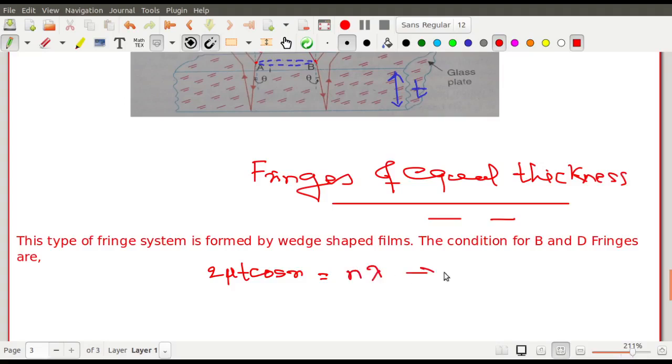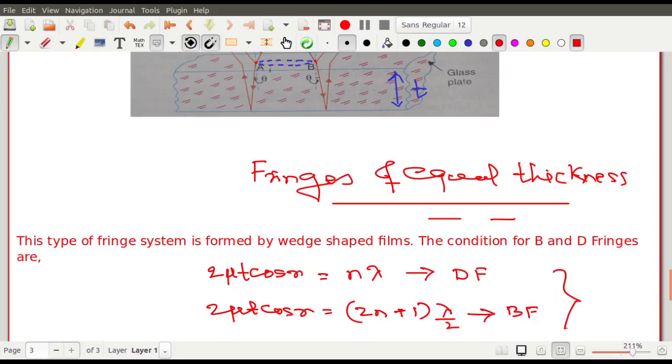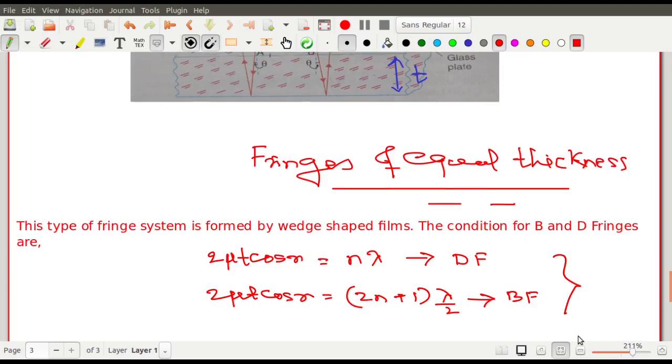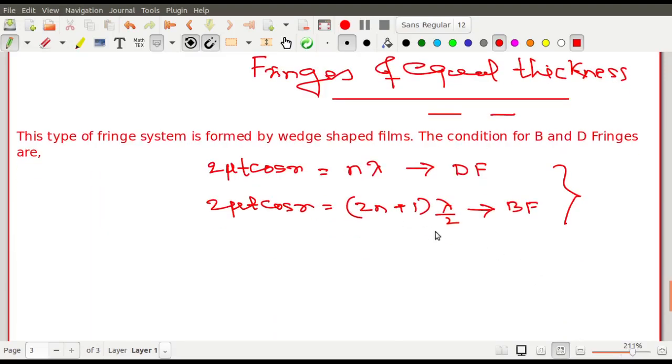This is the condition of a dark fringe. And 2 mu t cosine r equals (2n plus 1) lambda by 2. This is the condition of a bright fringe.